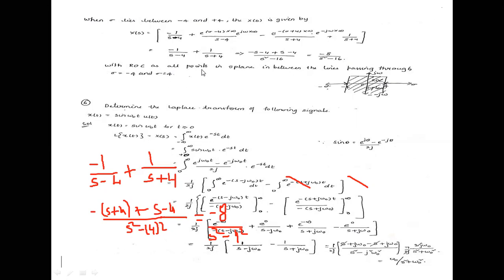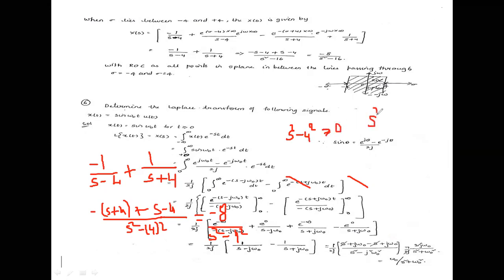So the ROC is all points in the s plane between the lines passing through sigma equal to minus 4 and sigma equal to plus 4. Why? s square minus 4 square is in between these values.